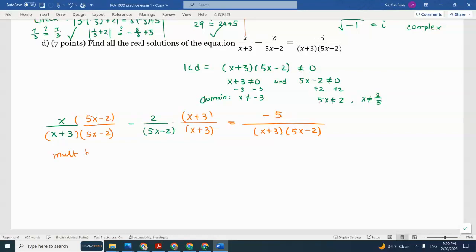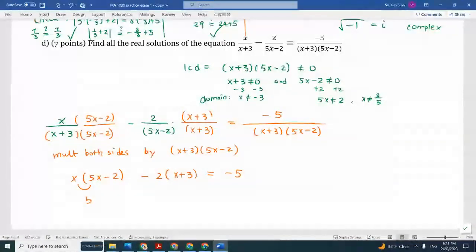So multiply both sides by the least common denominator. We get x times 5x minus 2 minus 2 times x plus 3 equals negative 5.